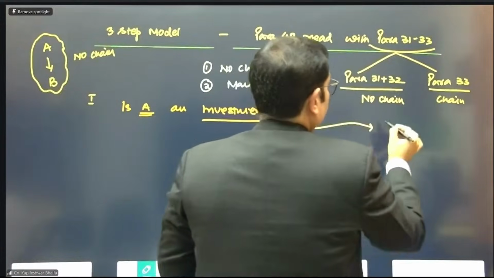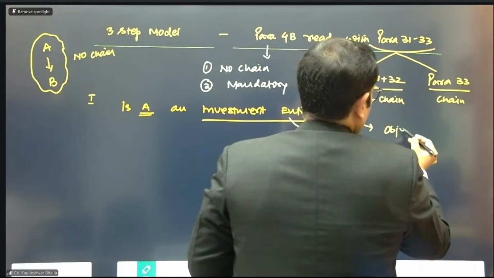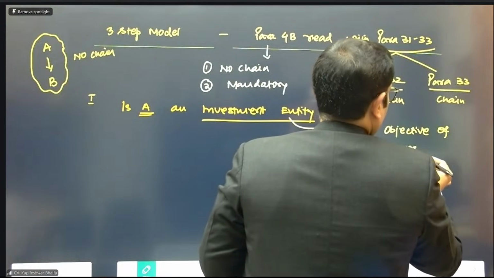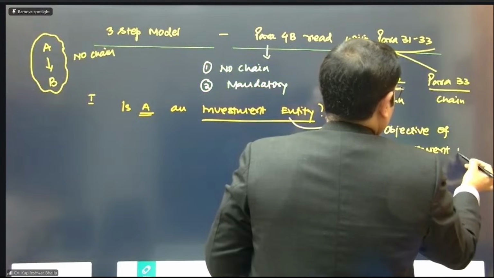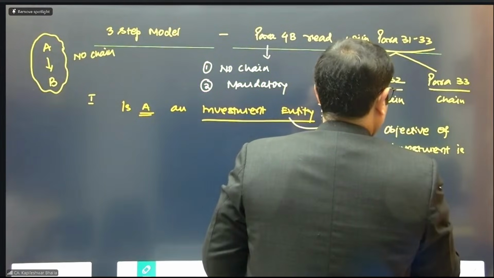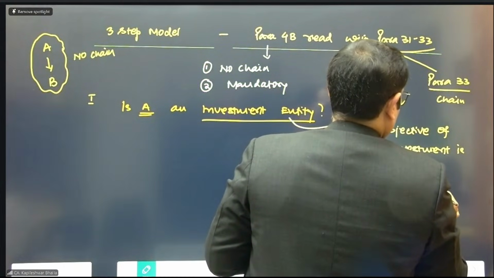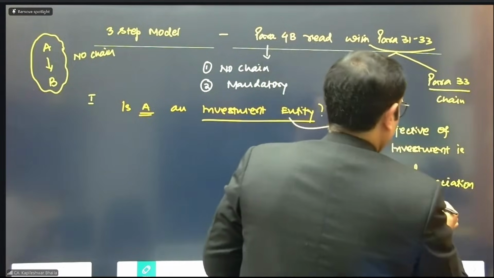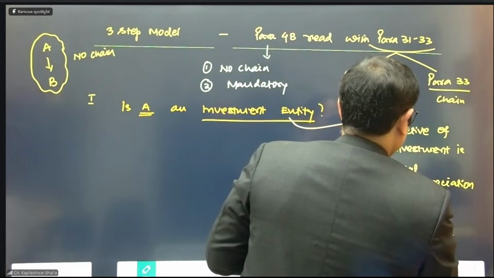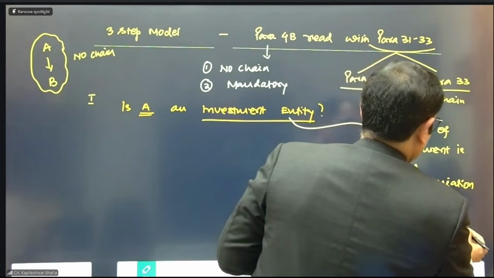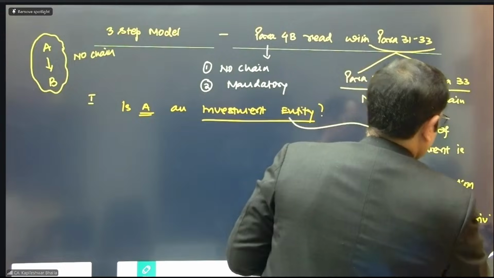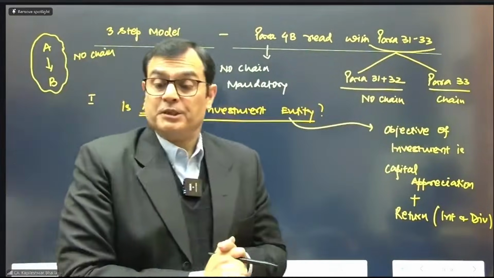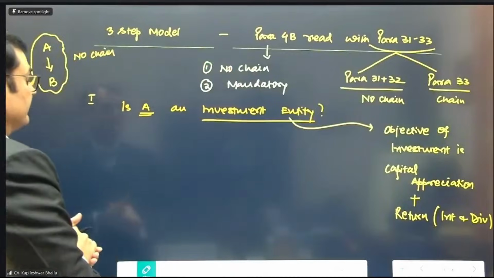We can say the objective of investment is capital appreciation plus return, in brackets, interest and dividends. So the objective of investment is capital appreciation and getting a return, interest and dividend.